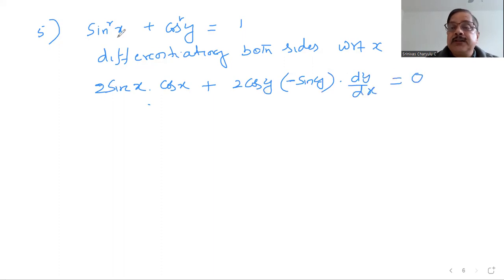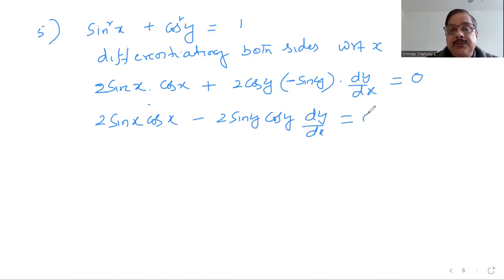So please remember function of functions. First 2 sin x, sin x differentiation cos x. Then 2 cos y, cos y differentiation minus sin y, dy by dx is equal to 0. So now you take out this term again: 2 sin x cos x minus 2 sin y cos y dy by dx is equal to 0.